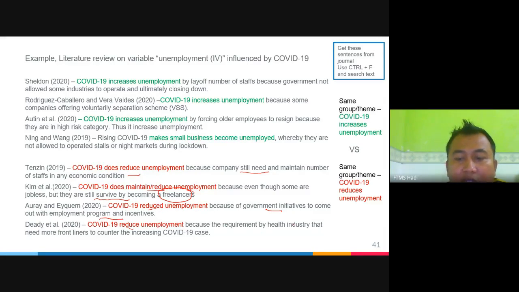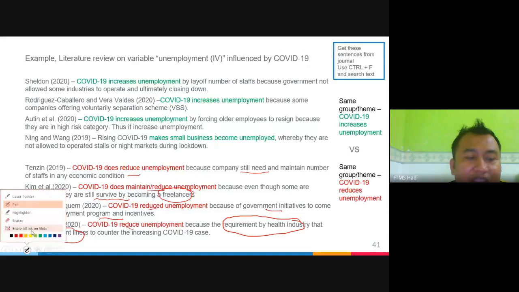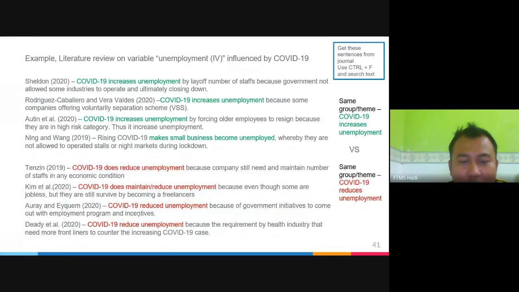And the last one, this is an interesting thing: requirement by the health industry for frontliners, because they need more workers to combat COVID-19 cases. Not reduce unemployment, but increase employment, because they need more people in the health industry.